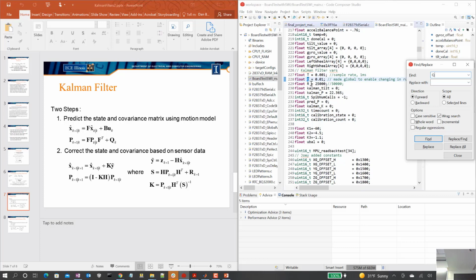But one group accidentally put R as the radius of their wheel. They changed their code because they saw I was using R. They were also using R as the radius of their wheel. And they changed some things up. And it ended up being that they had made R 0.19 something.